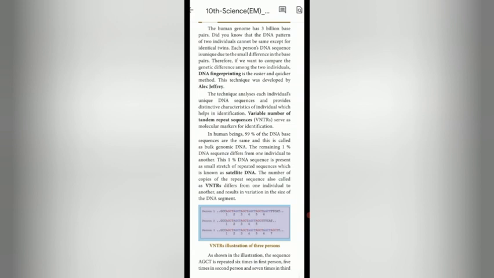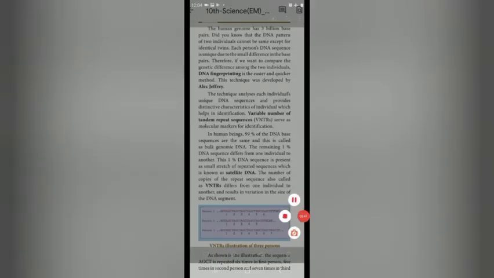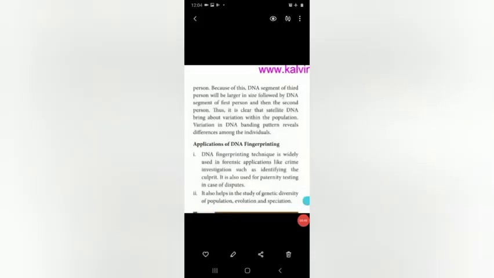See the diagram, AGCT is marked with the blue pointer, repeated 6 times in the first person. 5 times it is repeated in the second person, and 7 times it is repeated in the third person. This differentiation is identified by the method called DNA fingerprinting.